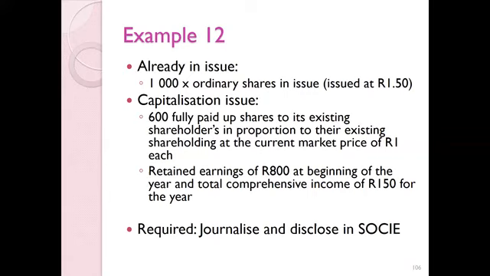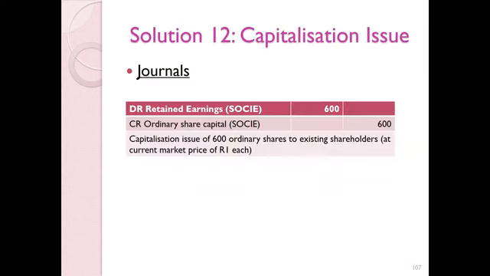This capitalization issue is going to comprise 600 fully paid up shares to existing shareholders in proportion to the existing shareholdings at the current market price of R1 each. Your retained earnings were R800 at the beginning of the year, and your total comprehensive income was R150 for the year. You're required to journalize and disclose in the statement of changes in equity.